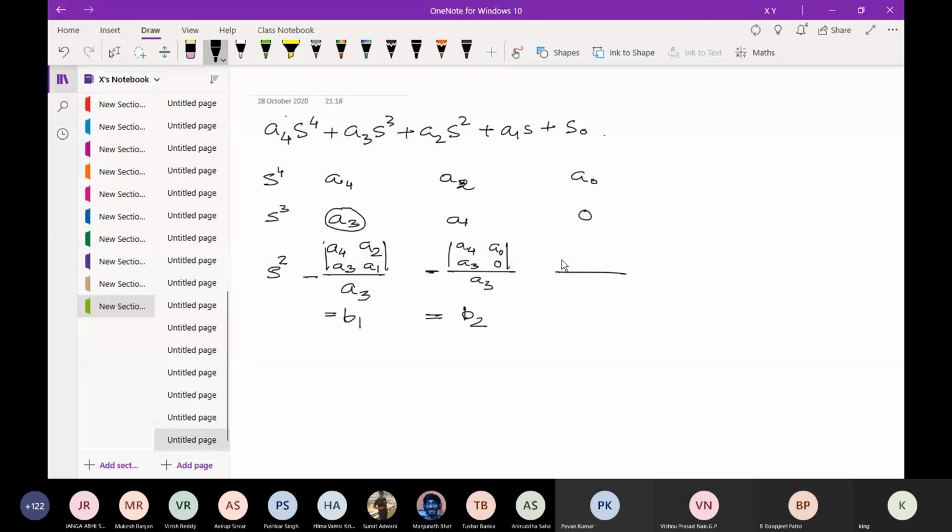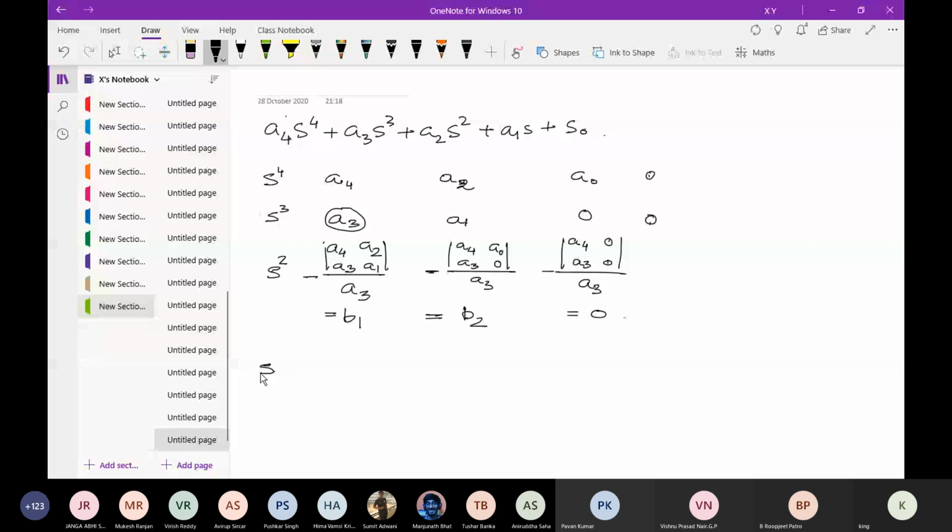Then again the first column remains intact, and we have already tackled this column, so we can simply put in 2 additional zeros out here. And not forgetting to divide by A3, this will of course come out to be equal to 0.